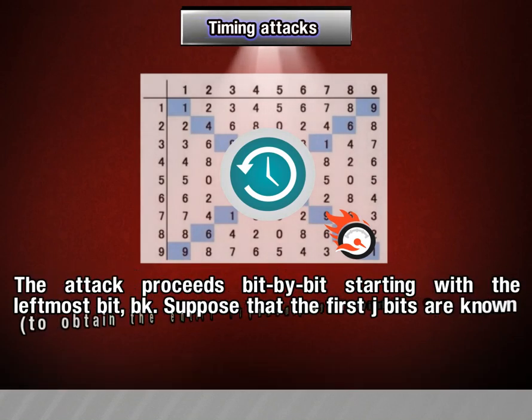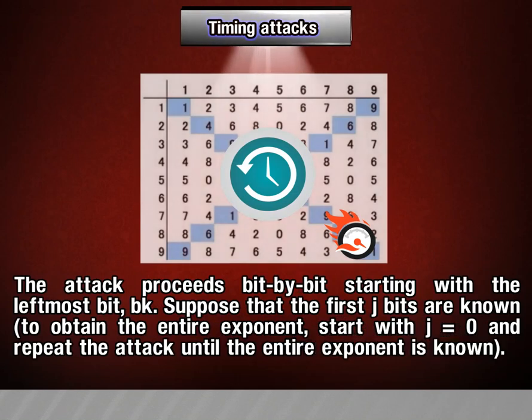The attack proceeds bit by bit, starting with the leftmost bit b_k. Suppose that the first j bits are known. To obtain the entire exponent, start with j equal to 0 and repeat the attack until the entire exponent is known.